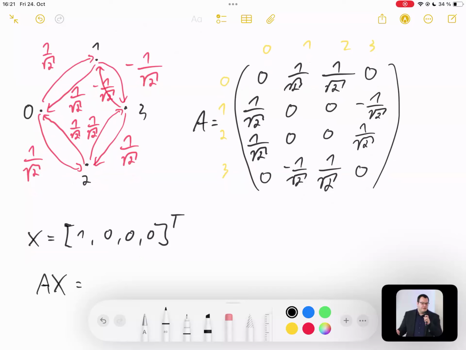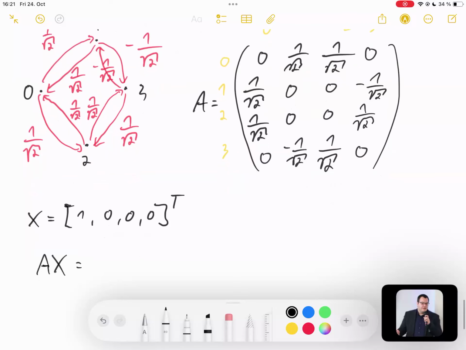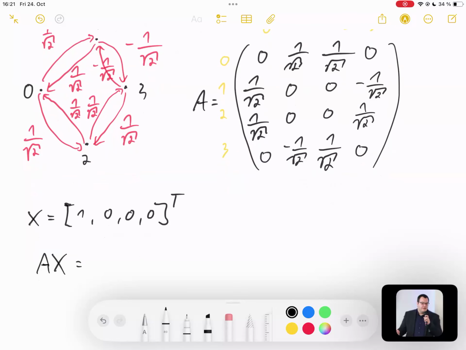What state do we get? You can just quickly try this out for yourself. We have our matrix up here, and I multiply state x from the right with A. Which state do I get? You can send it to the chat once you have an answer.